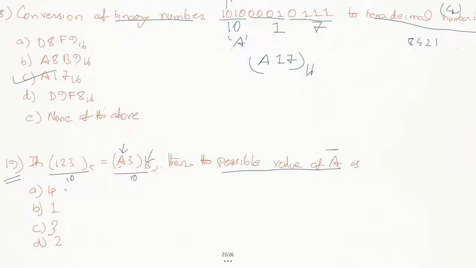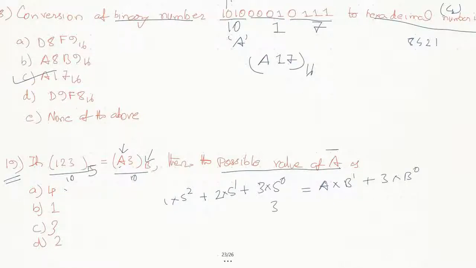To convert them into base 10, what we are going to do is 3 times 5 to the power 0. Now this is the positional value. Then 2 times 5 to the power 1, and 1 into 5 to the power 2, is equal to, again B is our base over here, A times B to the power 1 plus 3 into B to the power 0, right? So now let us simplify it.